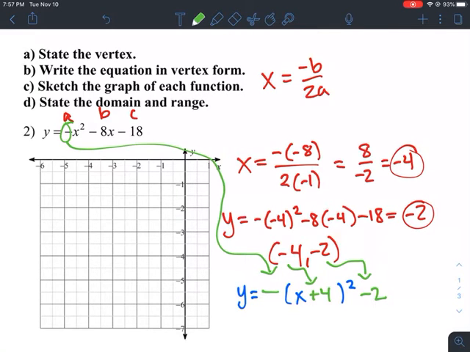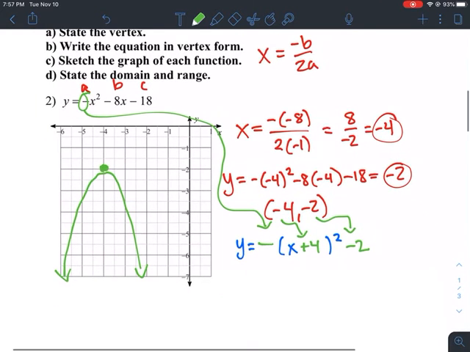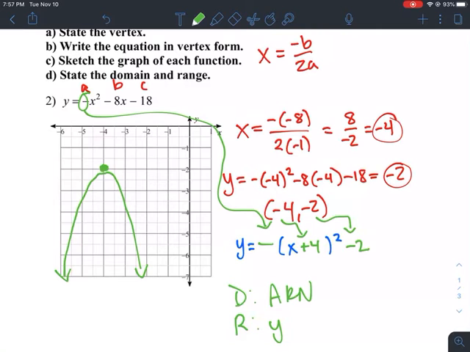So to graph that, it's at the point -4, -2, and since it's negative, it's a reflection, so it goes down. Again, domain for quadratics is all real numbers, and the range, everything's below the vertex. So I'm going to say y is less than or equal to -2.